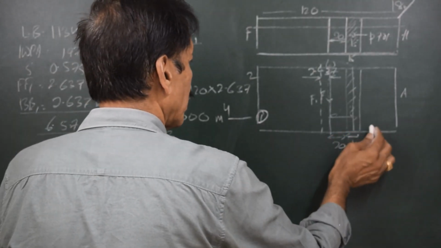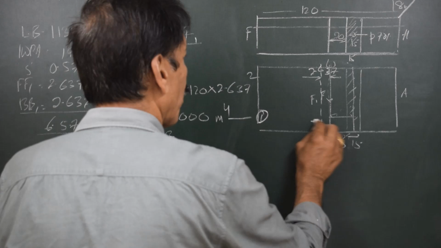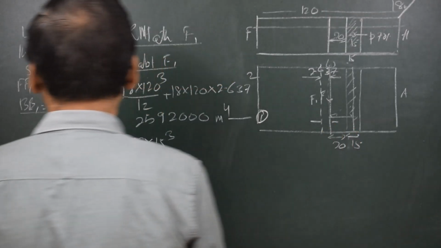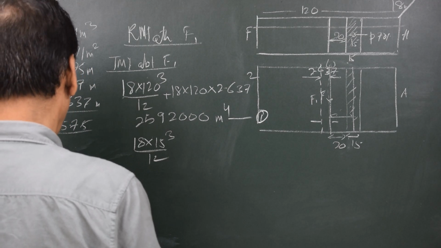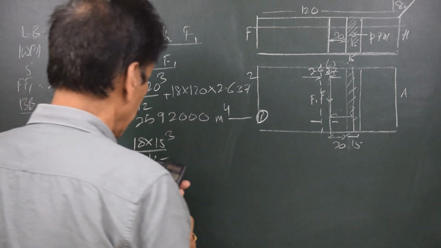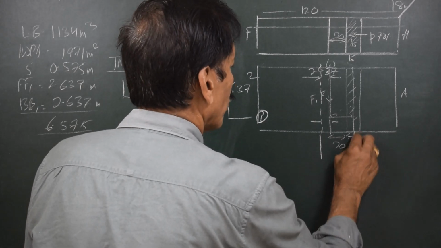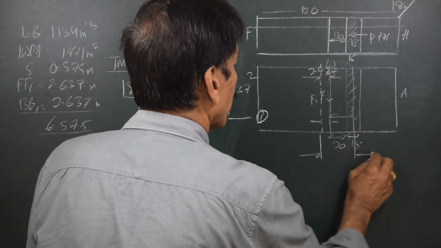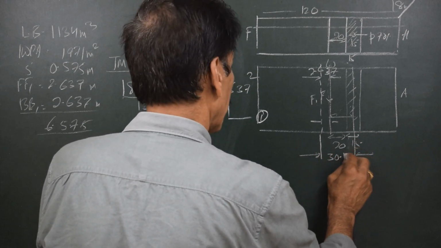Now the original distance is 27.5, plus this distance, that is 2.637, so that gives me 30.137. So the distance from here to here is 30.137.